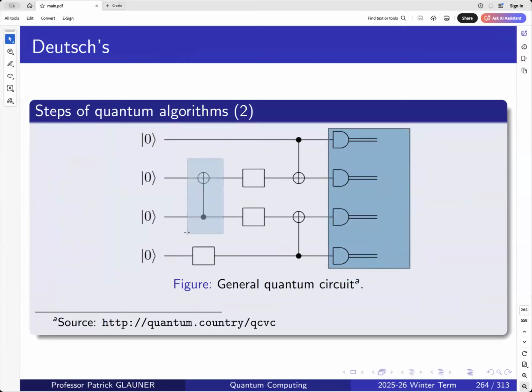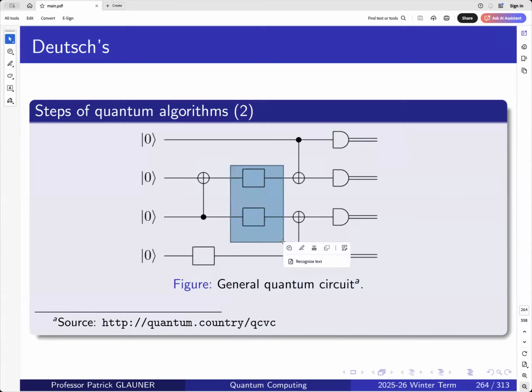And then in here, for example, we have some CNOT gates, which are unitary, plus some other blocks. Maybe this one here could be a Hadamard gate or something, and these are some other unitary operations, and we would need to combine them in some way so we get some useful result for a real world problem, and we get a speed up, and eventually we measure, and then we get again classical values.